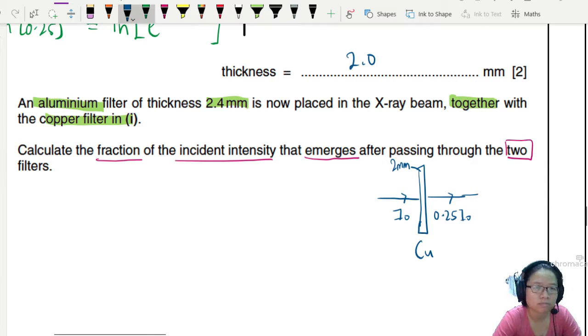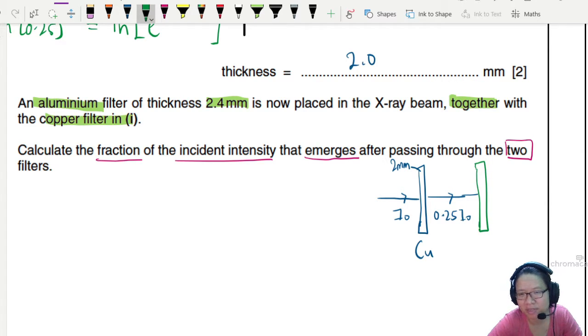Nobody says the filters have to be touching. Now we have aluminium here, which is slightly thicker, 2.4 mm. Let's say the intensity that comes out after passing through the aluminium filter is I prime. You can call it whatever you want.